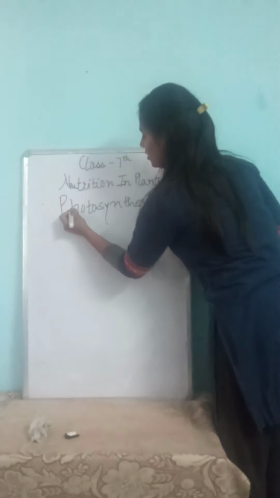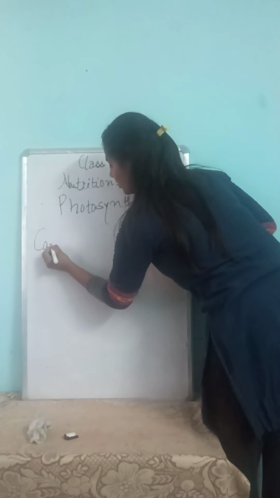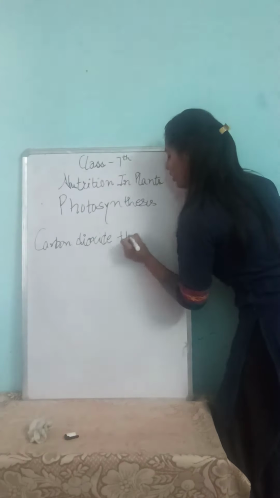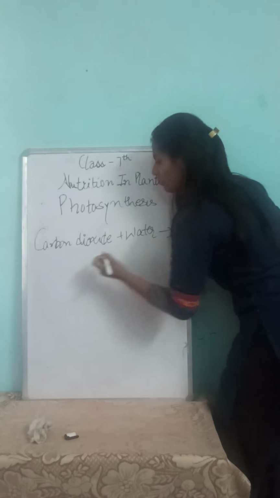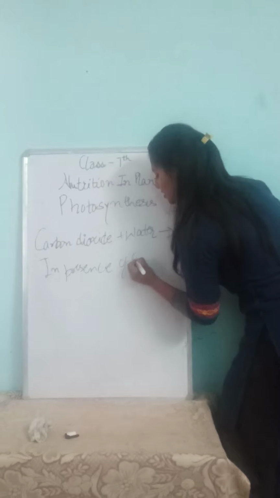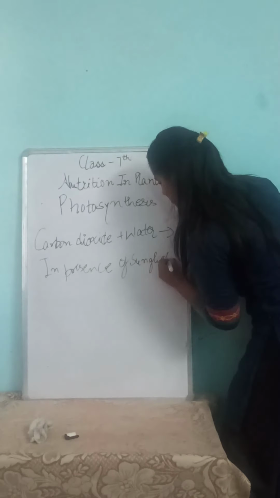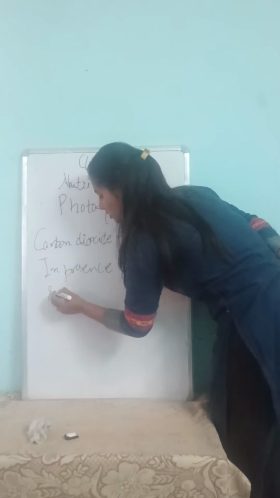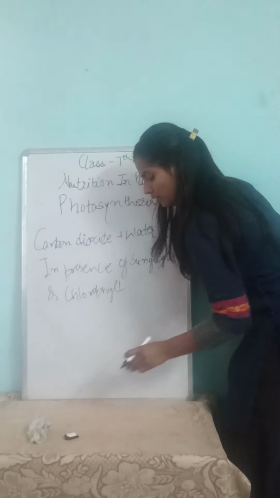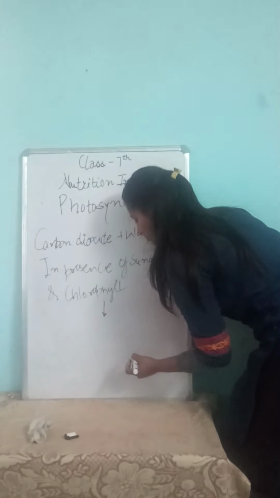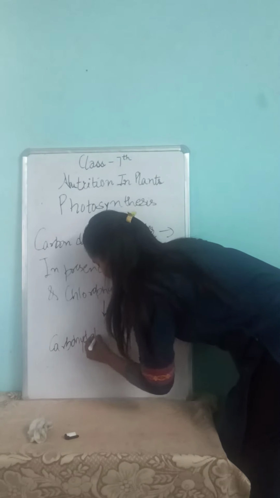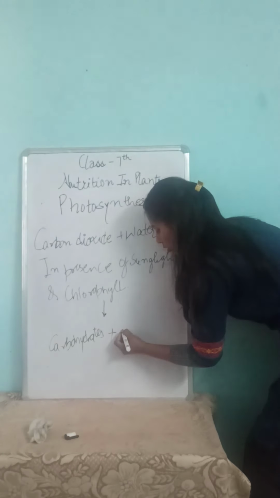Okay, photosynthesis. So in this process, carbon dioxide plus water in presence of sunlight and chlorophyll will result in production of carbohydrates plus O2, oxygen.